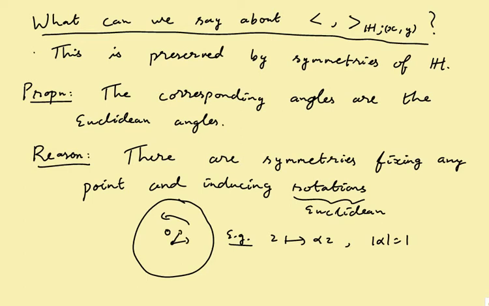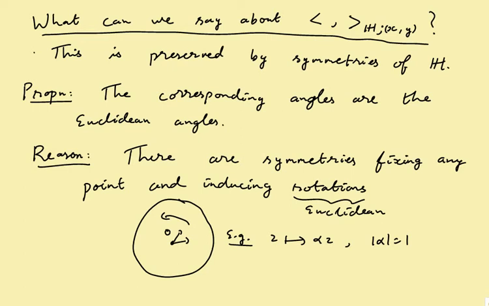Their length is not changed, so the induced map on the tangent space is just a Euclidean rotation, and this has to be a symmetry. From this one can conclude that Euclidean rotations at any given point are symmetries of the given inner product, and this can only happen if the angles are the same. So that's the relatively easy to see proposition.